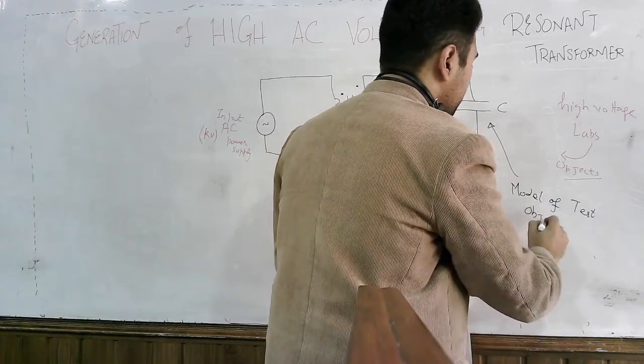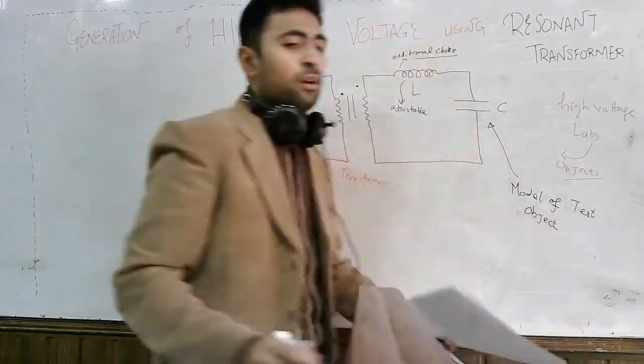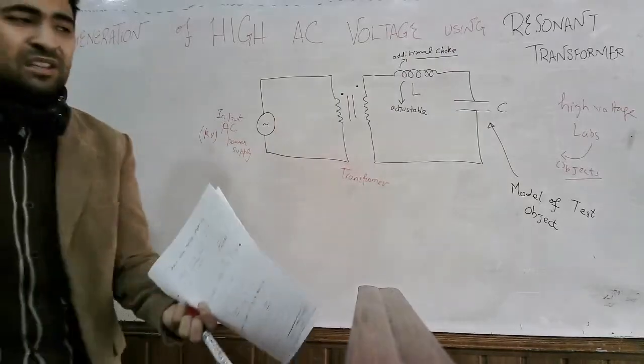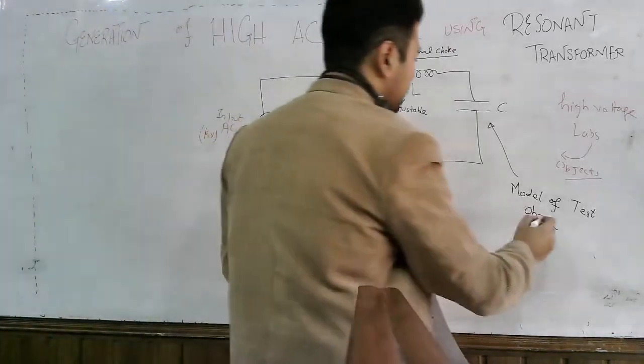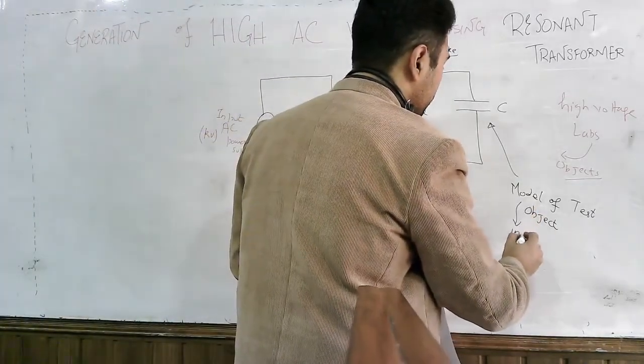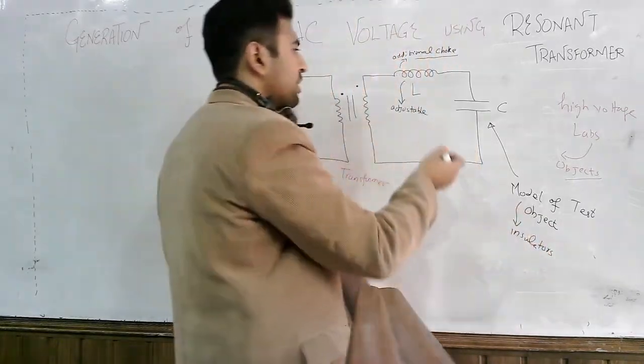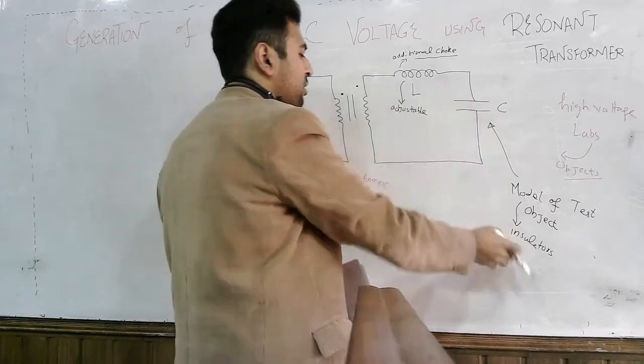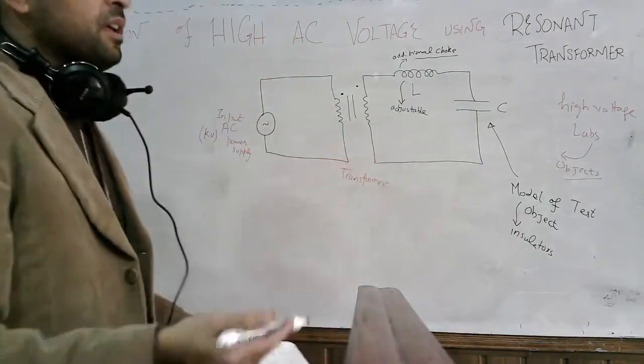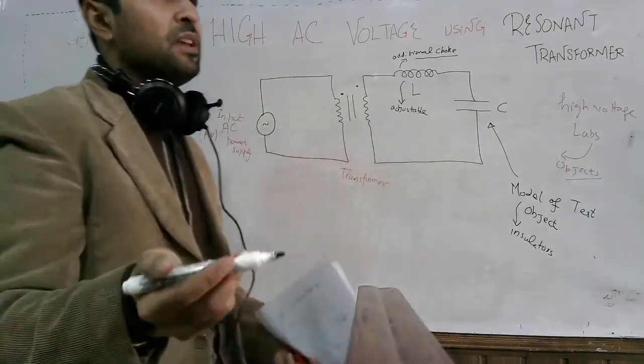What does it mean? What are our test objects in our high voltage labs? Our test objects are normally insulators. When we apply high voltage across insulators, they behave as capacitors.